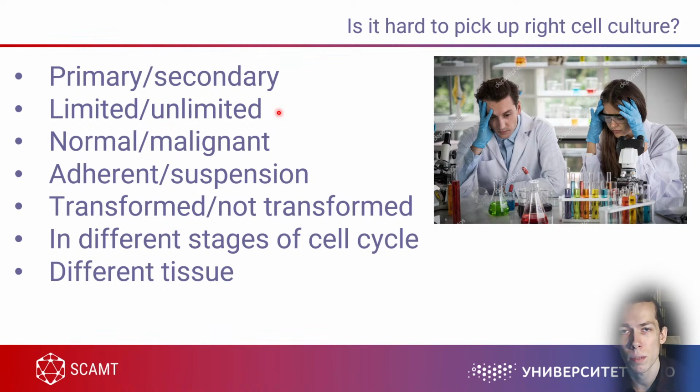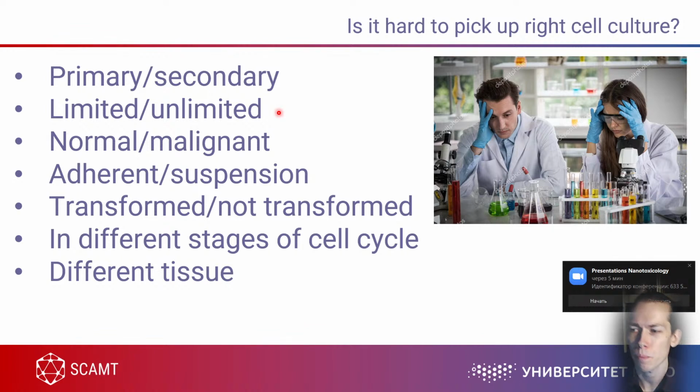And in 90% of cases, the answer will be: we have this cell culture in vogue now, so we will test on this culture. And no one will ask you whether you want to test on primary or secondary cultures, limited or unlimited, normal or malignant, transformed or not transformed, in which stage of the cell cycle.